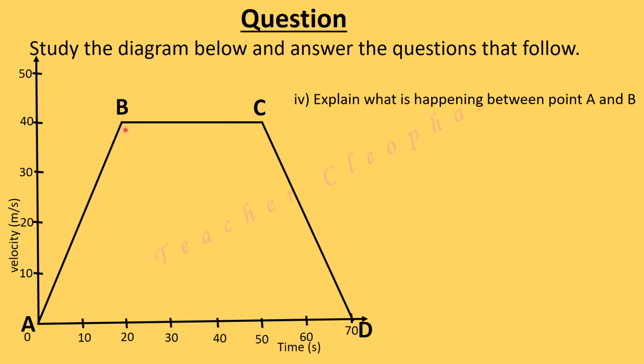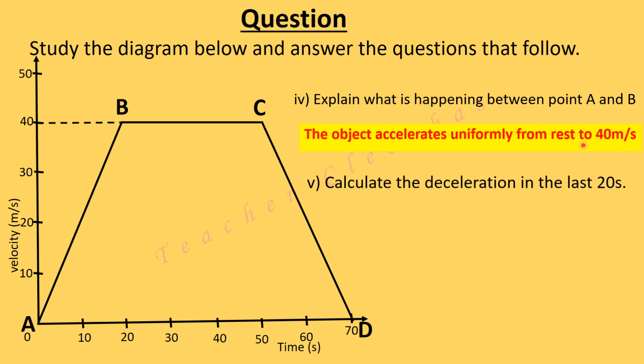Then the velocity at B is 40 meters per second. So the velocity is changing with time between point A and B. So we write that the object accelerates uniformly from rest, or from 0 meters per second to 40 meters per second.